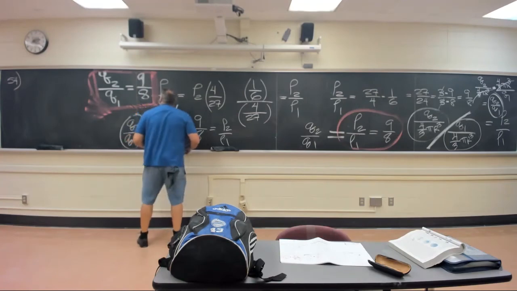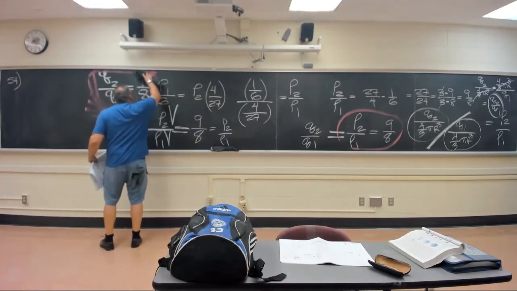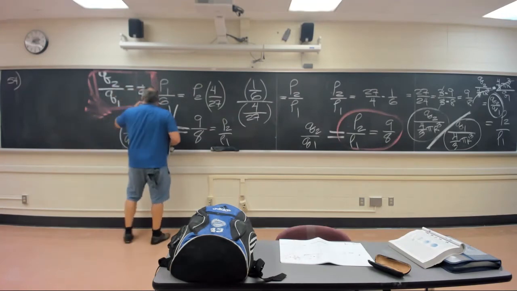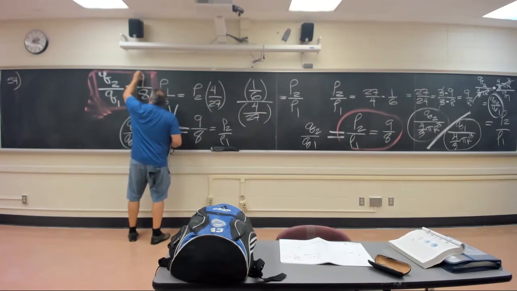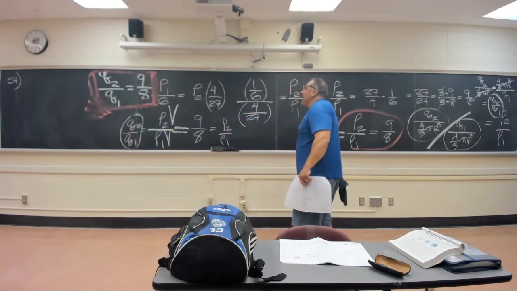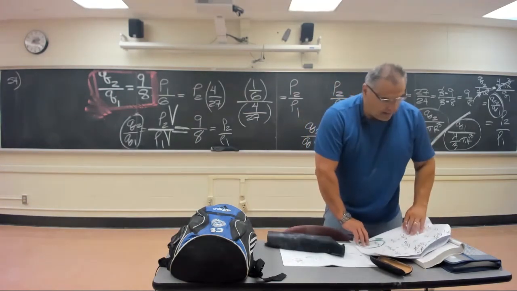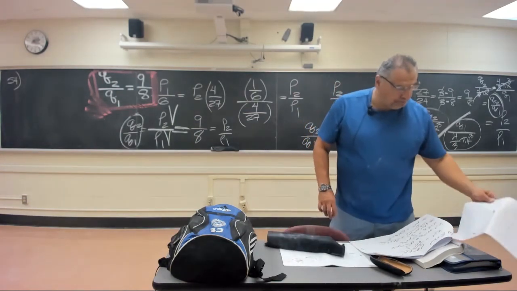Hopefully the 9 looks more like a 9 than a Q. It's not really a big deal. Forgive me, guys, it's pretty obvious, but just in case. 9 over 8 is Q2 over Q1. And that's basically where they've gone with that.